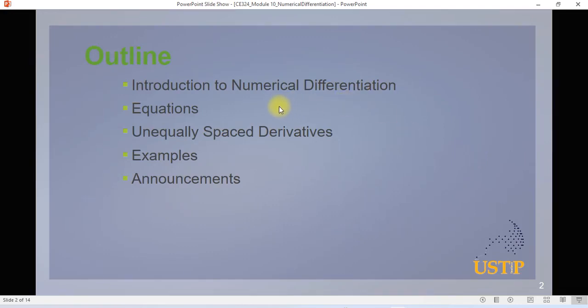Here's the outline of our discussion. First is the introduction to numerical differentiation. Second is about the equations in numerical differentiation, then unequally spaced derivatives, and then some examples. Just don't mind the announcement, because I think this is an announcement for another class, but I haven't removed it from the PowerPoint presentation.